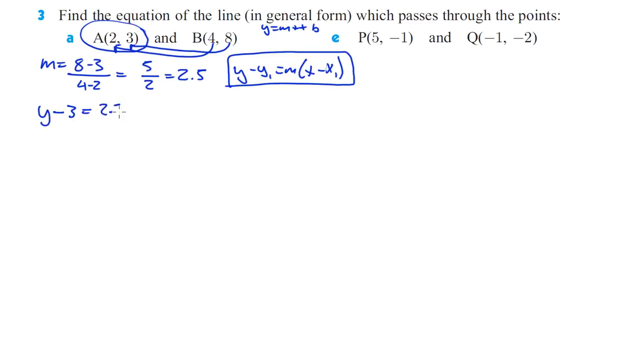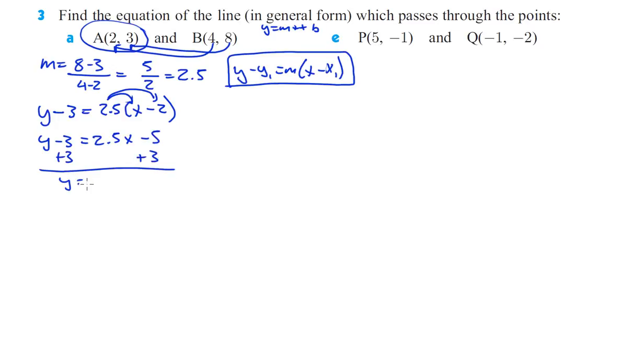So I'm going to do 2.5 times x minus 2. Okay? y minus 3 equals 2.5x. Distribute this through to both of those. Right? 2.5 times -2 is -5. So we add 3 to both sides. And we get y equals 2.5x minus 2.